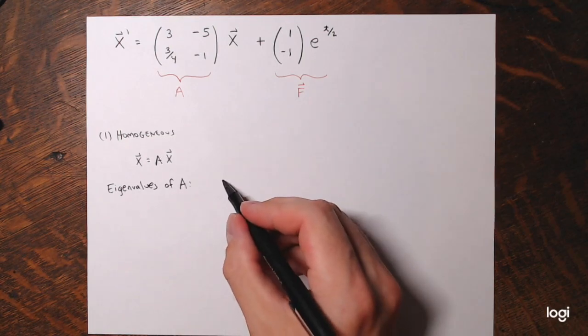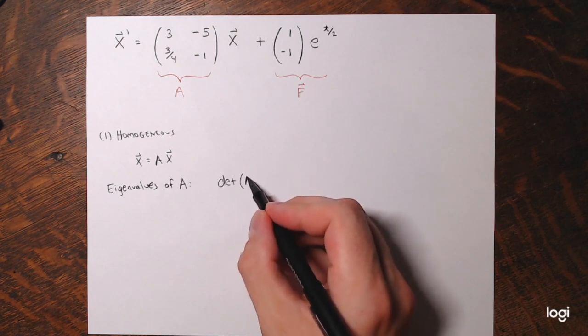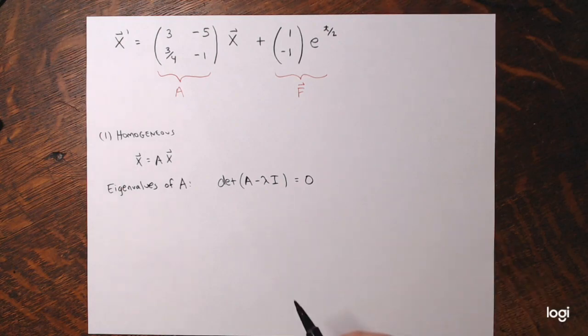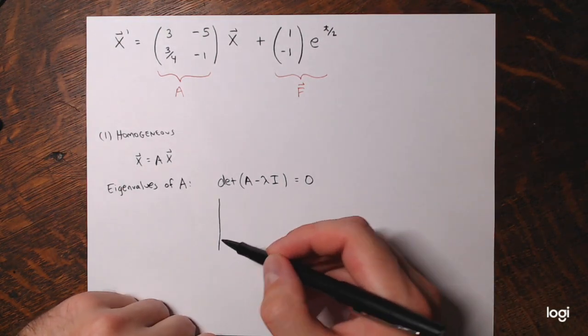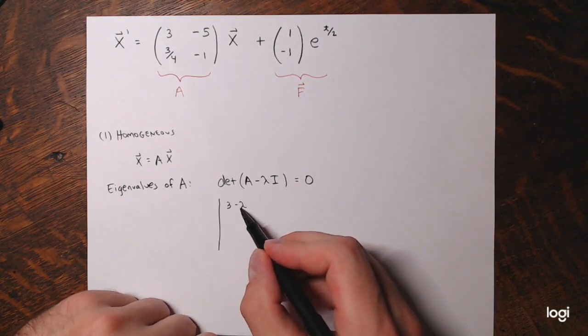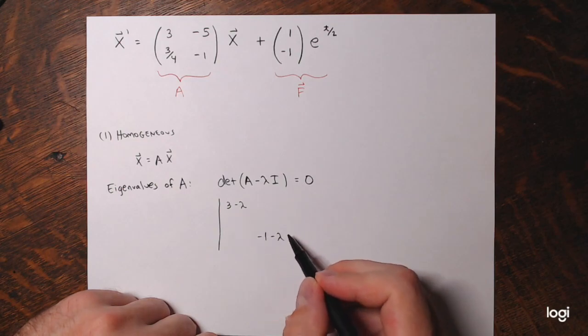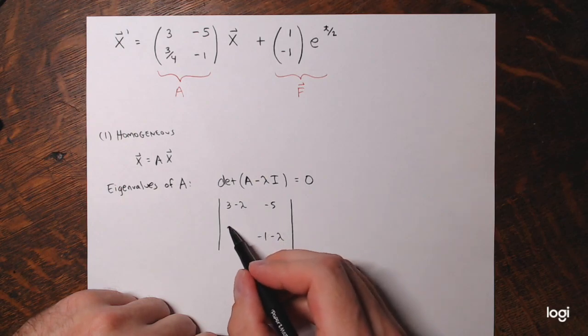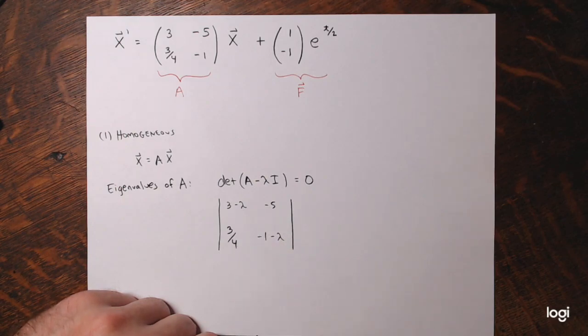So I'm solving again this equation: when is the determinant of A minus lambda I equal to 0? So this is 3 minus lambda, -1 minus lambda down the main diagonal, and then -5 and 3/4 down the other diagonal.